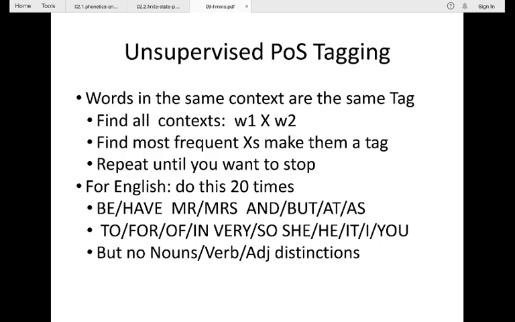The problem with unsupervised POS tagging is it doesn't tell you the label for the parts of speech. They're just essentially clustering algorithms. So it tells you which words go together in one category to some extent, but it doesn't tell you what category it is. It doesn't tell you that's a noun, or that's a proper noun, or that's a verb.